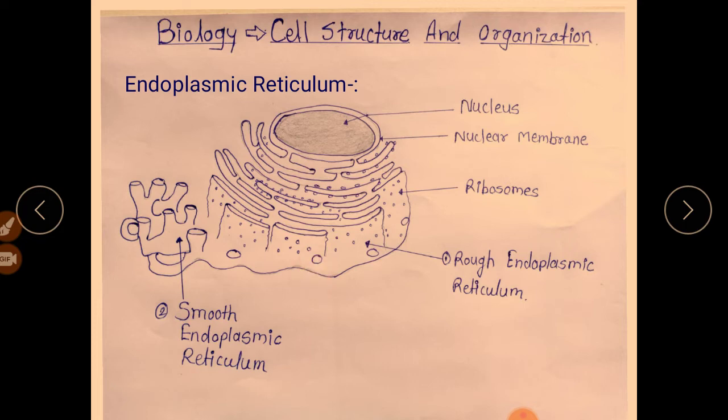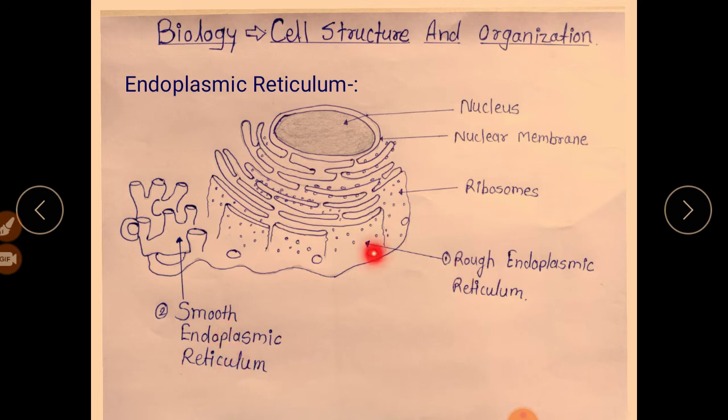Inside the structure of the endoplasmic reticulum, rough type and smooth type endoplasmic reticulum are both present. That means according to their structure, they are classified into rough endoplasmic reticulum and smooth endoplasmic reticulum.